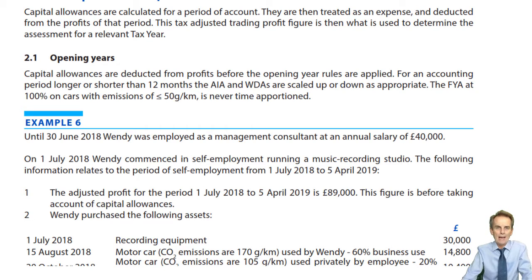We should always be able to determine, for whichever tax year we are dealing with, which period or periods of profit or parts thereof are to be assessed for that relevant tax year of assessment.